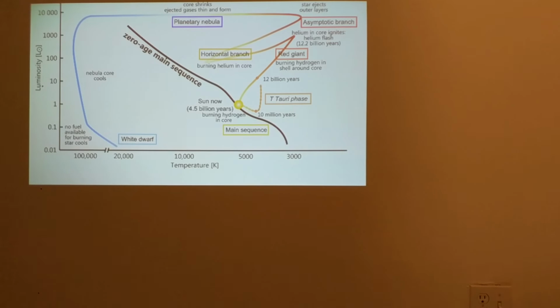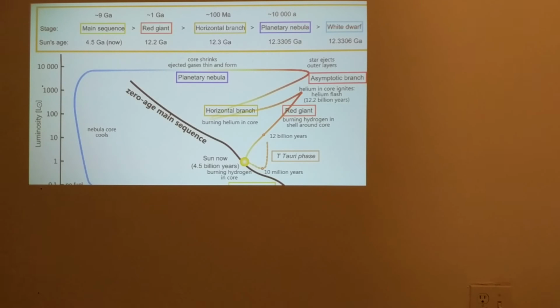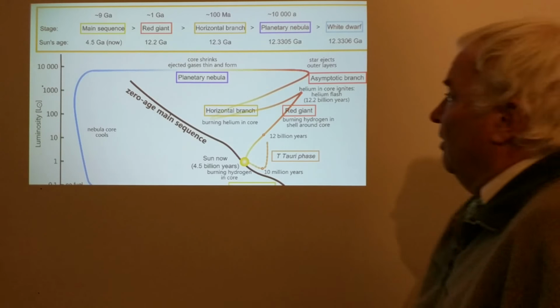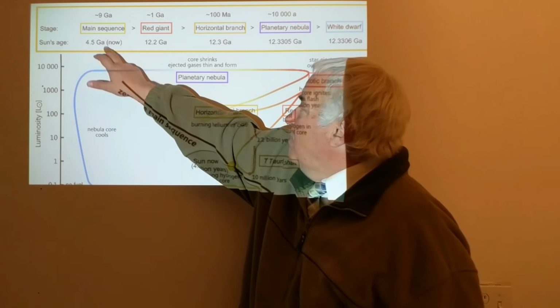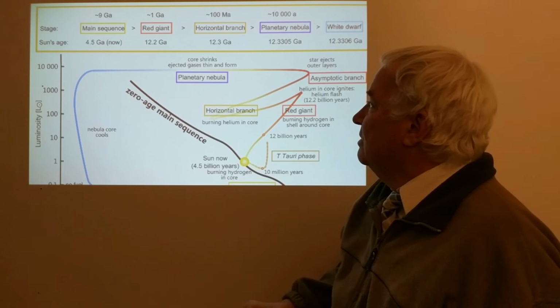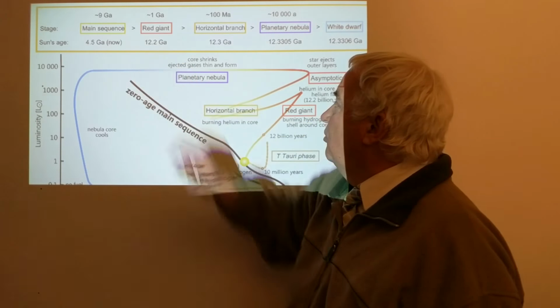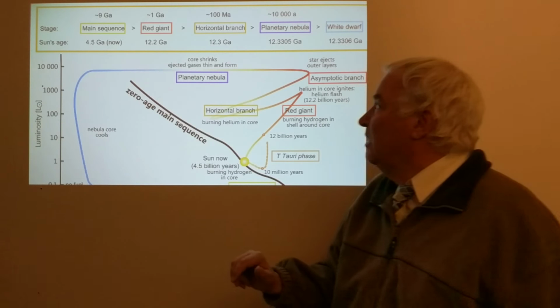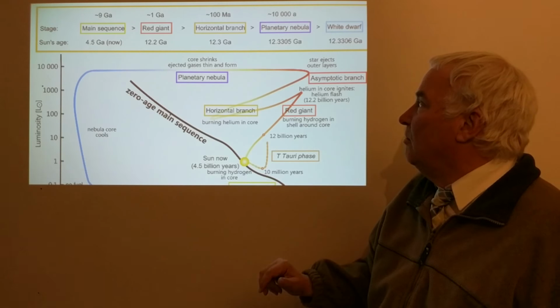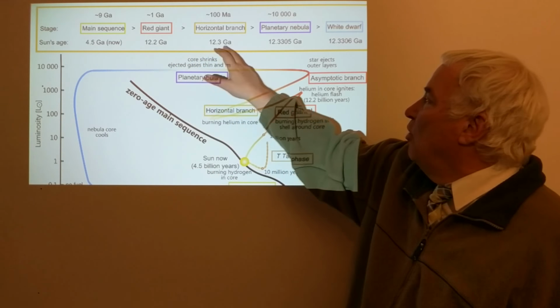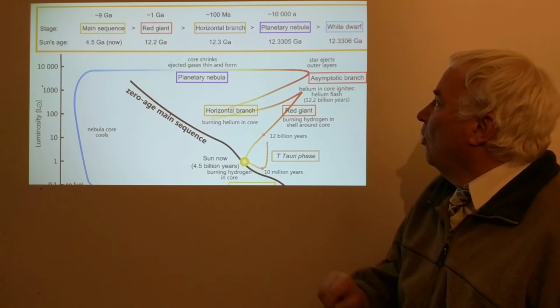So we can look at a little bit about the stages here. The sun's age now is about 4.5 billion years. It's going to be a red giant 12.2 billion years after formation. And only 12.3, it will be on the horizontal branch.